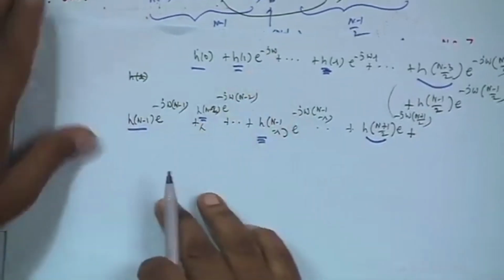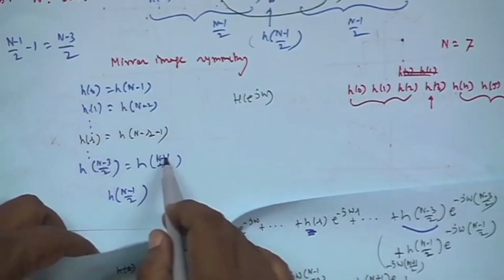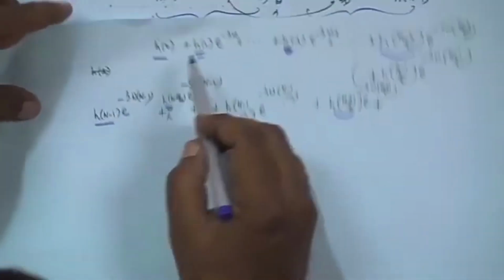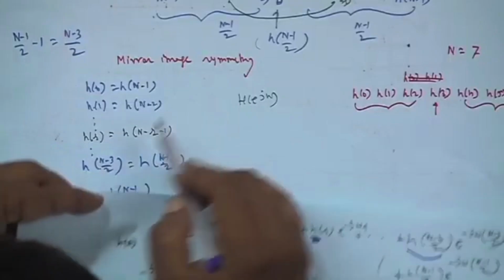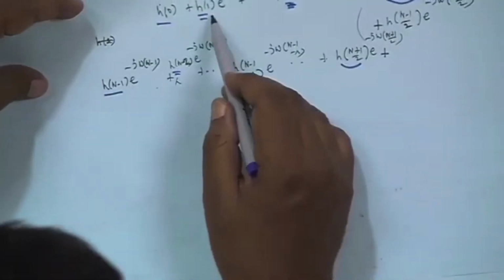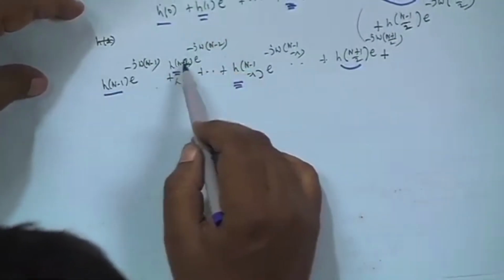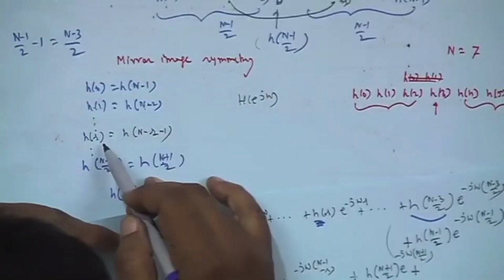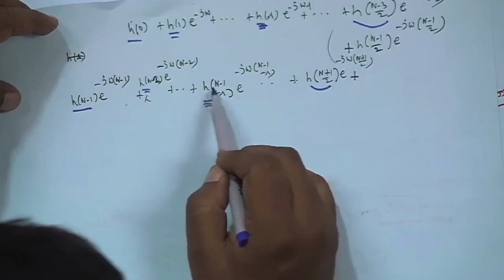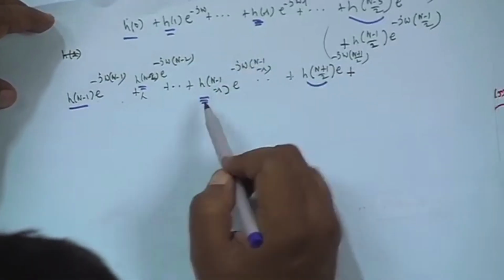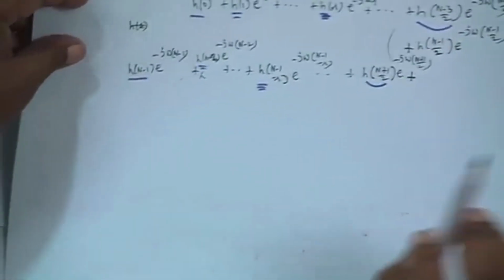These coefficients are the same because of this mirror image symmetry condition I have imposed. h 0 is the same as h n minus 1, so I can write it as h 0 only. h 1 is h n minus 2, so I can write this as h 1 only. h r is the same as h n minus r minus 1, so I can write this also as h r, dot dot dot.